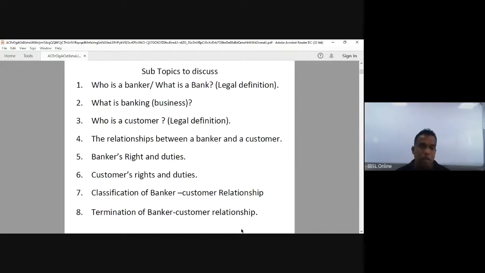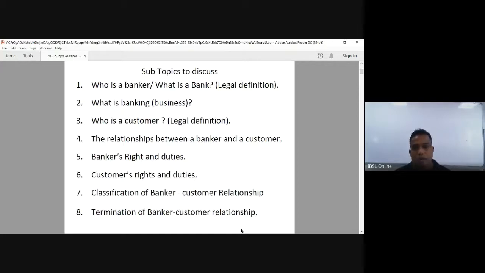The first one is who is a banker or what is a bank. Under this topic, we are going to discuss the legal definition or legal recognition for the bank. So can anyone claim that he or that institution is a bank?